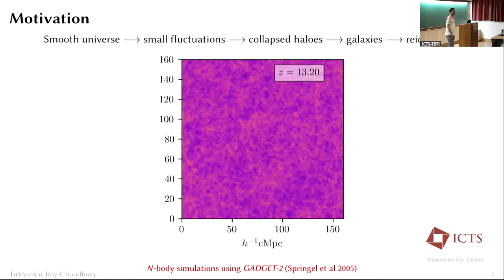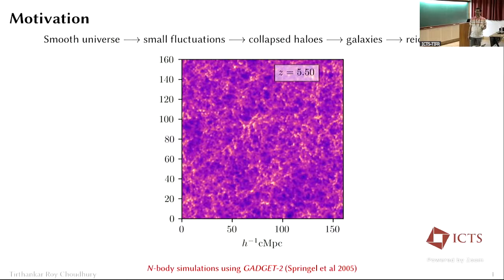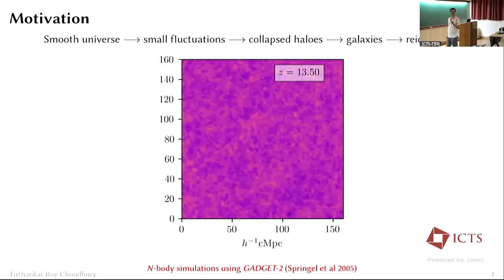So the motivation for this lecture is to understand structure formation. As you probably broadly know, our universe was smooth at early times with small fluctuations, then they grew and these large-scale structures formed.